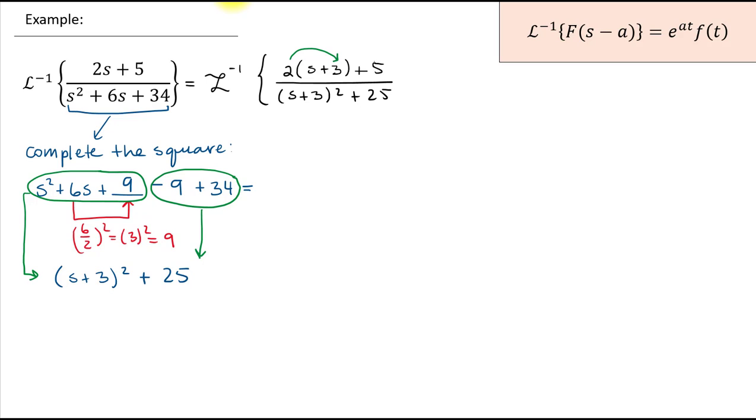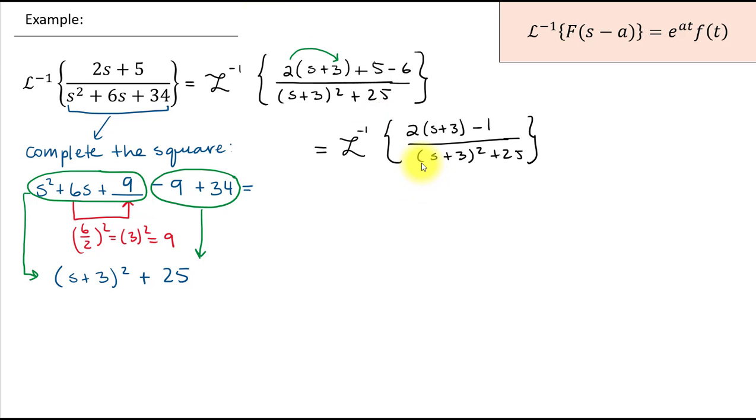So I added extra 6 in the numerator. I have to subtract it so that overall my expression is the same. So I'm going to put minus 6 over here. So this is what I have. The inverse Laplace transform of 2 times s plus 3 minus 1 over s plus 3 squared plus 25.